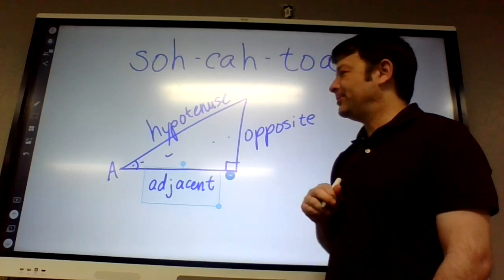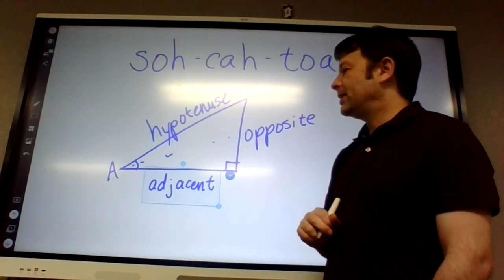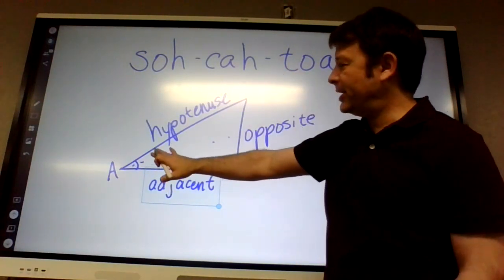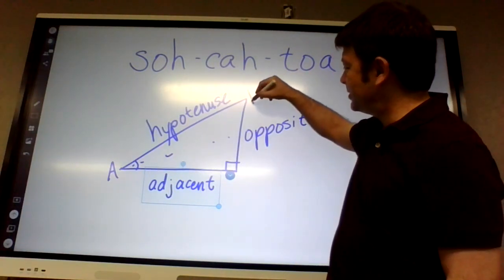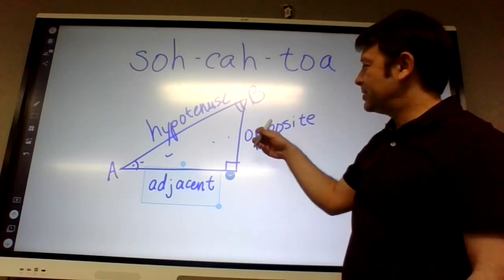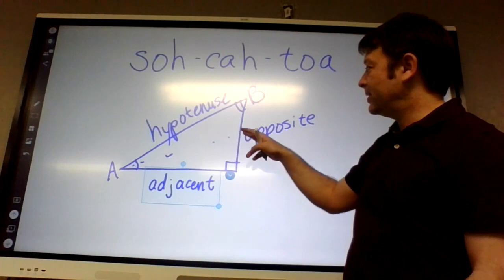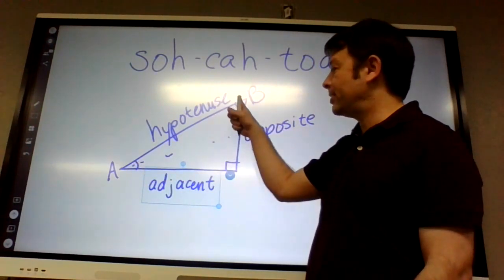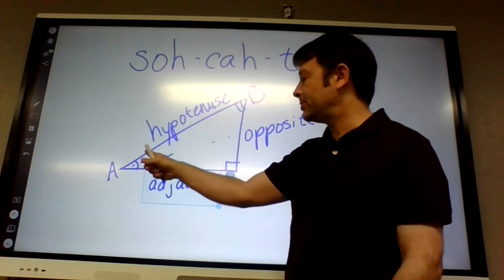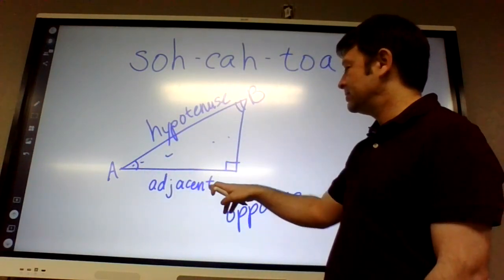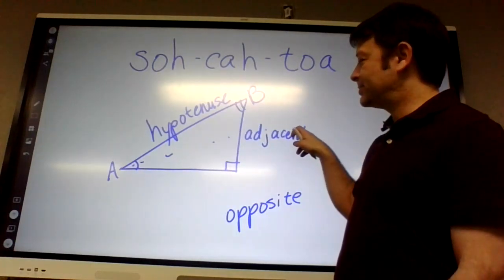Okay, so those are the names for the sides. Here's the trick though. If we're talking about angle A, that's all right. But what if we're talking about angle B up here? Angle B, this is still the hypotenuse, by the way. Doesn't matter what angle you're looking at, this is the hypotenuse. But what side is adjacent to angle B? Adjacent means next to, so that would be that one.